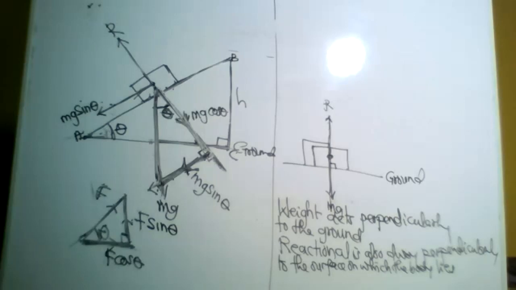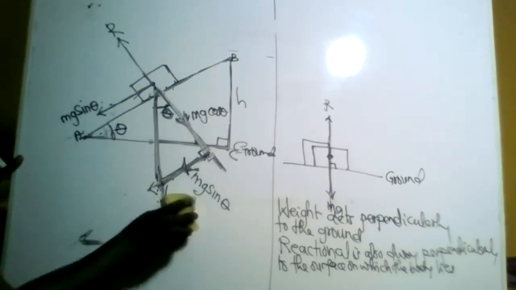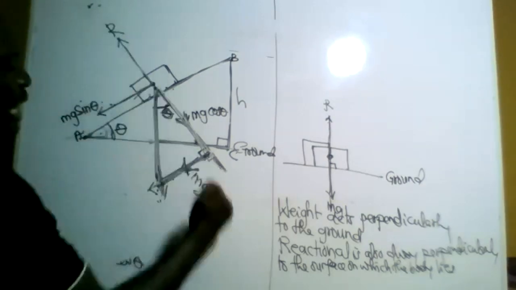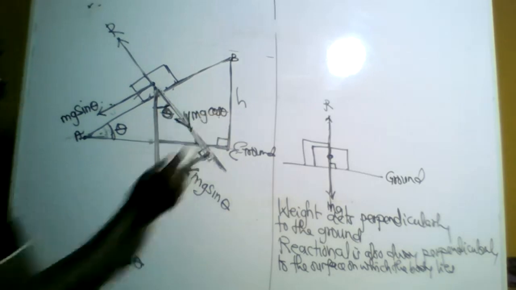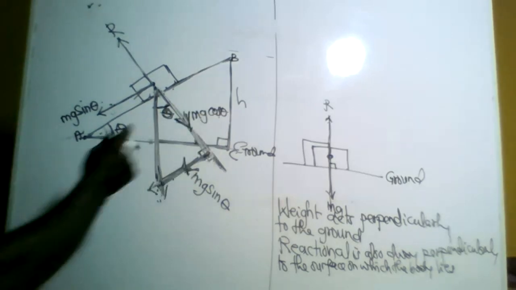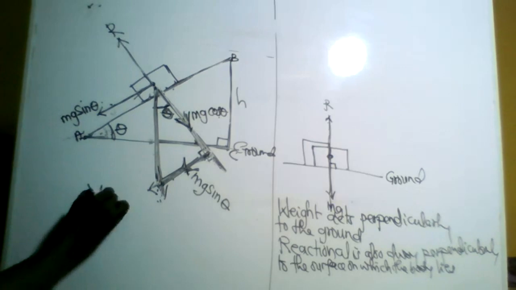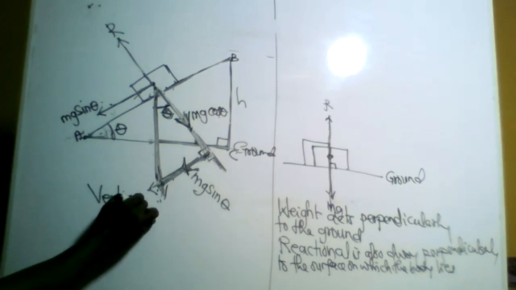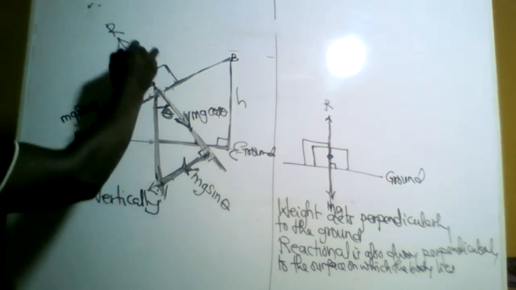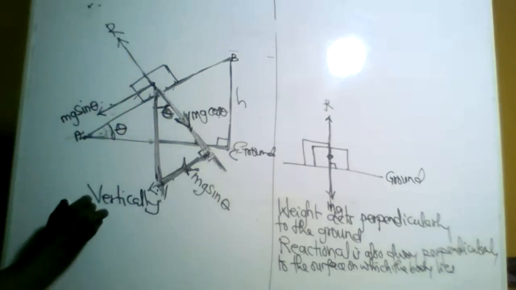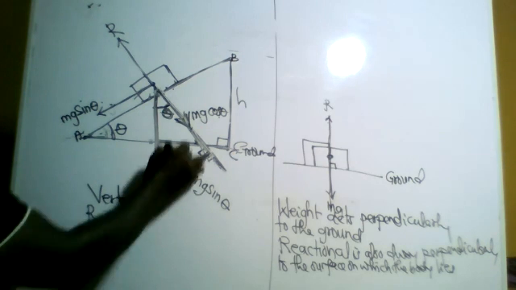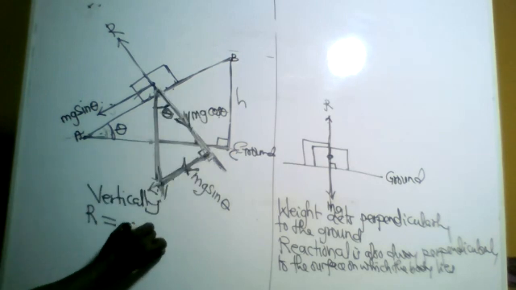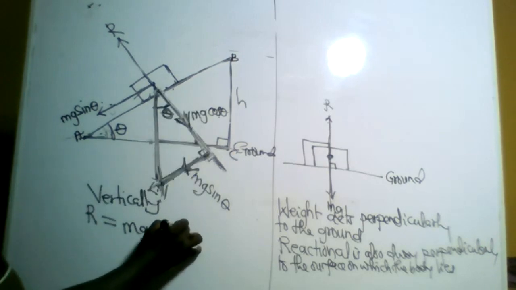If that is the case, then when you look at vertical equilibrium, this side is equal to mg cos theta. So we will see that vertically, the reactional force R is equal to this component, which is mg cos theta.